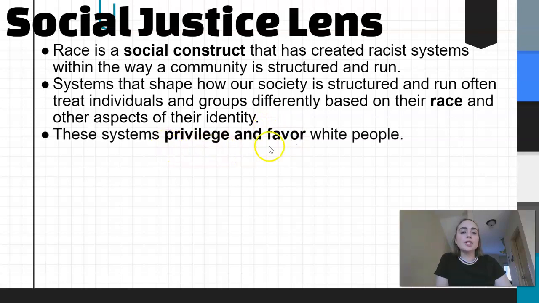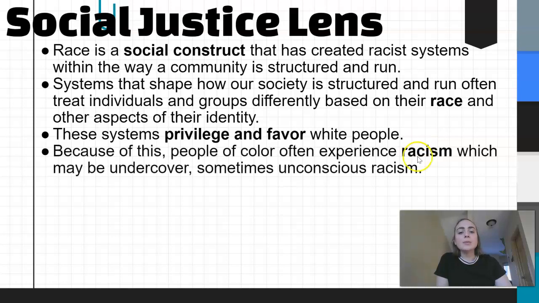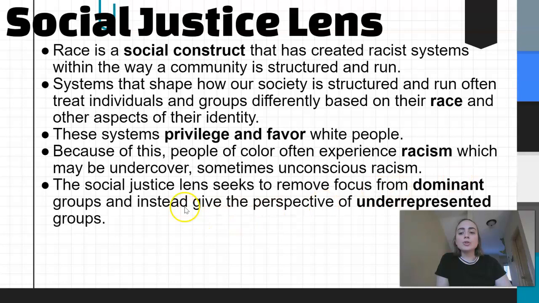These systems privilege and favor white people, and because of this, people of color often experience racism, which may be undercover, sometimes unconscious racism. The social justice lens seeks to remove focus from the dominant group or white culture and instead give the perspective of underrepresented groups, so people who are not white, people of color.